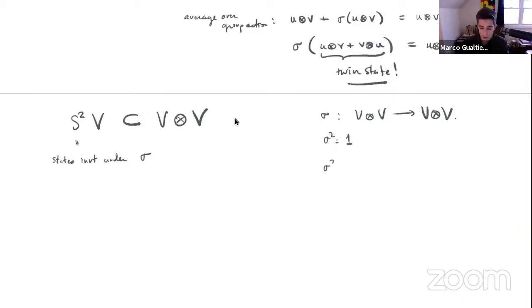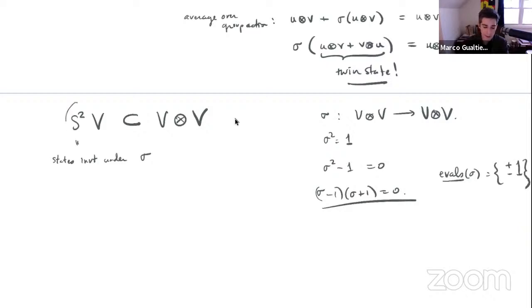That means sigma squared minus 1 is equal to 0, so (sigma minus 1)(sigma plus 1) is equal to 0. So the possible eigenvalues are plus and minus 1.